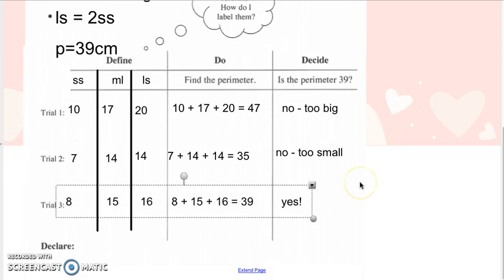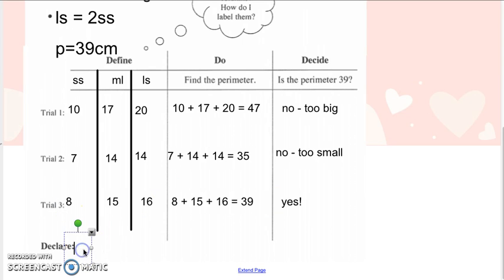Hopefully you found the answer is the short side is 8, which makes the medium length side 15 and the longest side 16. And when you add them together, you get 39. So I know that my answer is correct, because we wanted to find a perimeter of 39 with each of our numbers different. So for declare, you need to write a complete sentence.